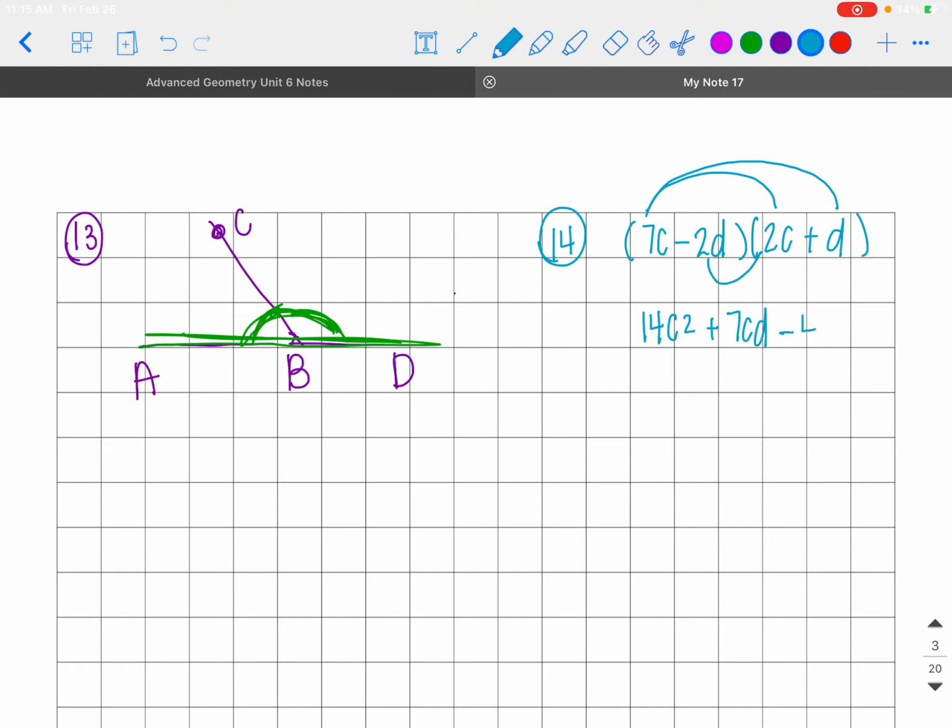Multiply those, minus 4CD. Multiply those, minus 2D squared. Combining my like terms, 14C squared plus 3CD minus 2D squared is J.